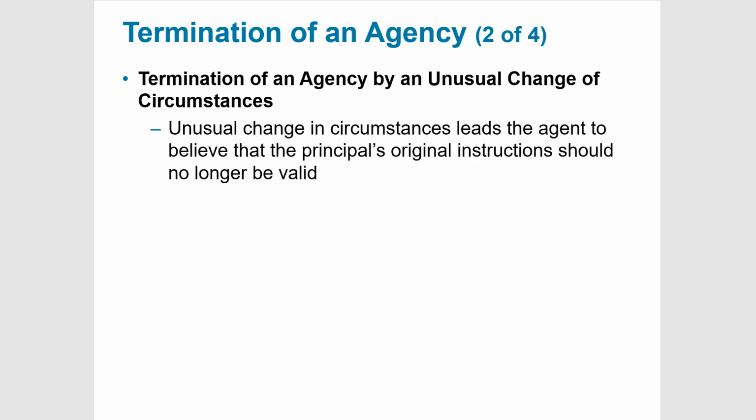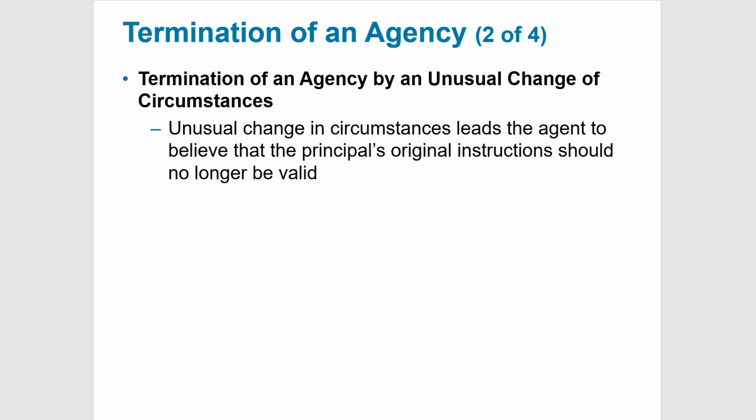We can also terminate an agency relationship by an unusual change in circumstances. So something happened somewhere along the way that changes the circumstances so much that the original agency relationship doesn't really seem to make sense anymore.